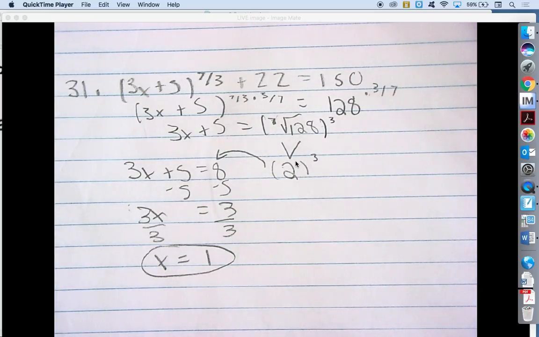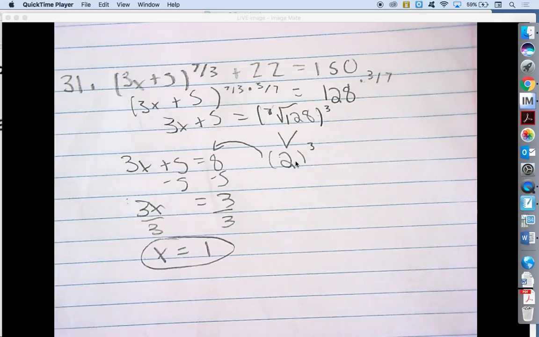All right, so if you look up here and check out your number 31. Oh, I got number 30. Okay, it was 3x plus 5 to the 7 over 3 plus 22 equals 150.